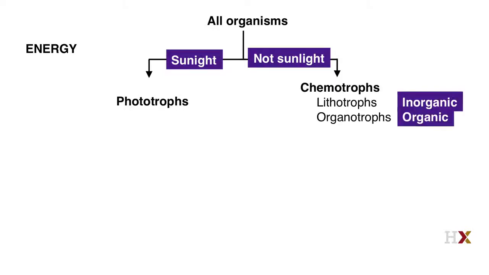A living organism extracting energy from chemical molecules is called a chemotroph. And among chemotrophs you find lithotrophs, using inorganic molecules as fuel, and organotrophs that extract energy from organic molecules.